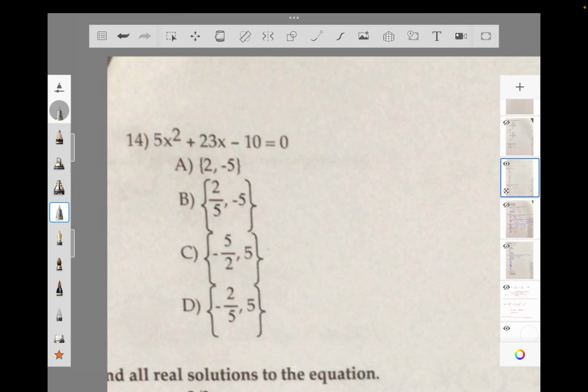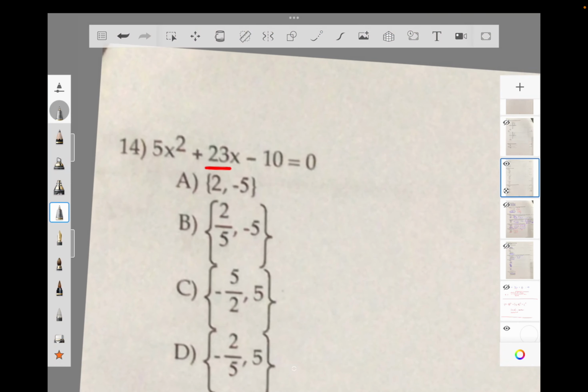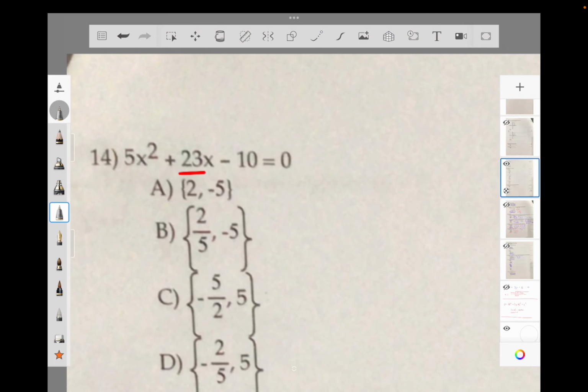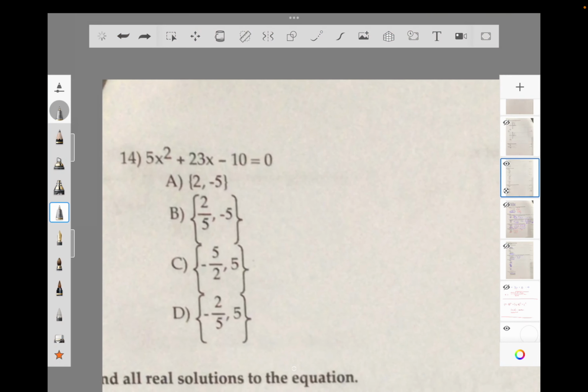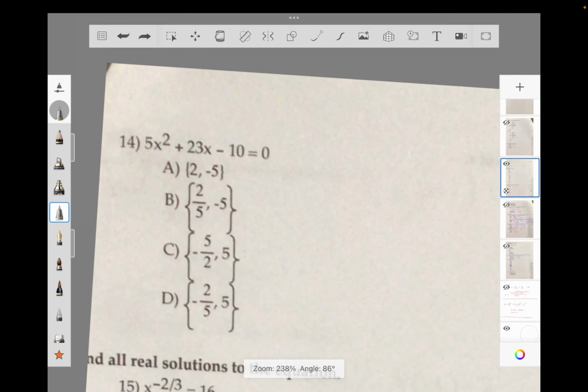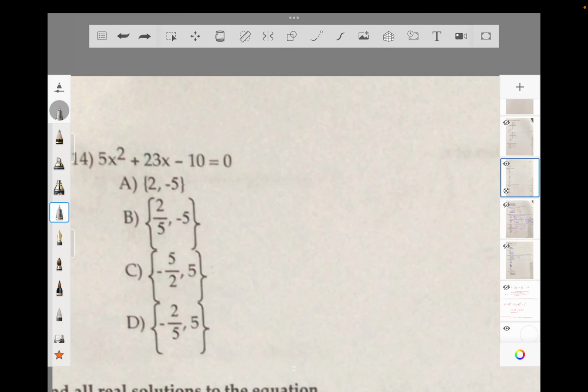The only problem is that B is going to be 23. 23 squared is a big number, so that might not be the best option, but I can't think of the answer. So if I recall, the answer is this, but you could just plug into a calculator.